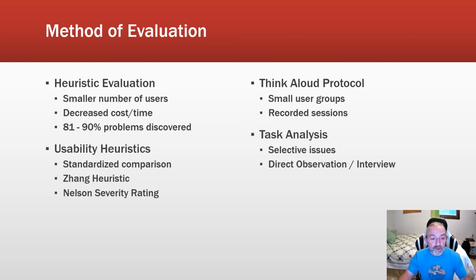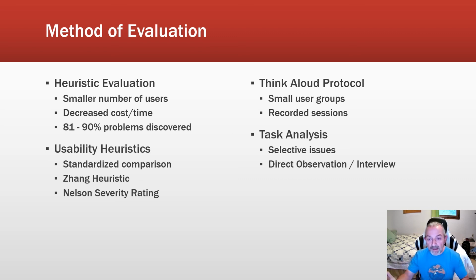Also, the usability heuristics, which is a standardized system where there were multiple ones set up, but in the text, it really focused in on the Zhang heuristic and Nelson severity rating, which I thought laid out very clearly some of the tools that would need to be thought about and worked through as you're working on this redesign.